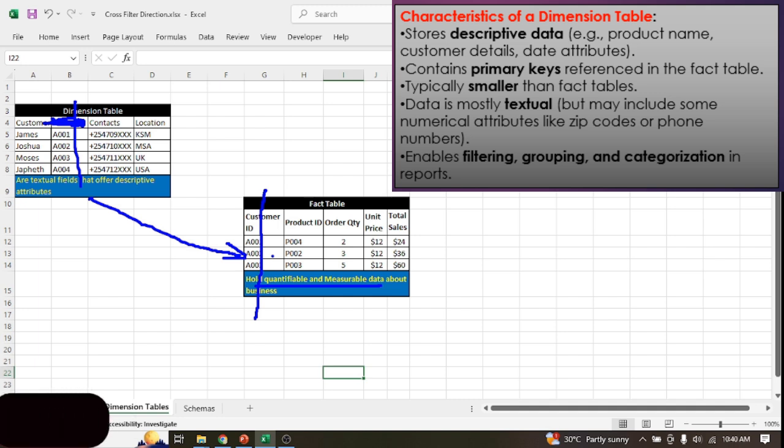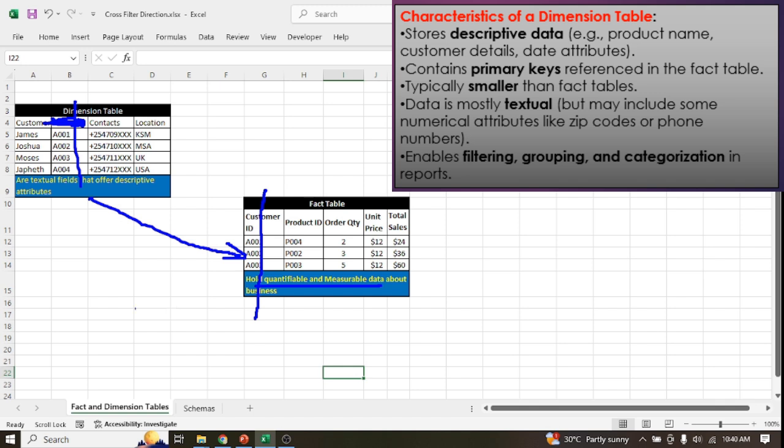Again, we are saying that dimension tables are typically small. They don't hold large amounts of data, so they are typically small. And then they are mostly textual, so that we understand. And they also enable filtering, grouping, or categorization.